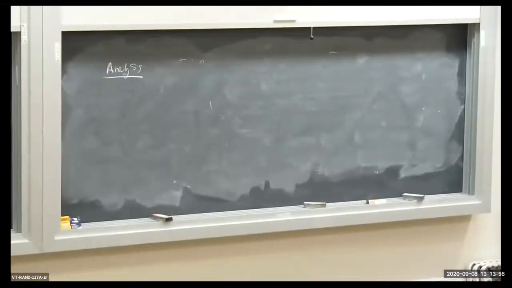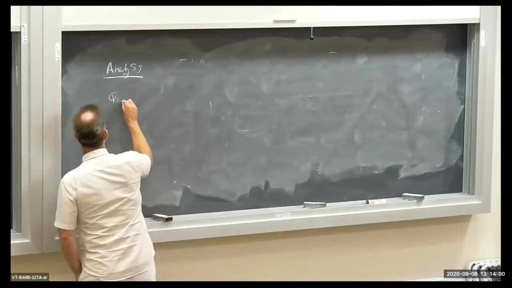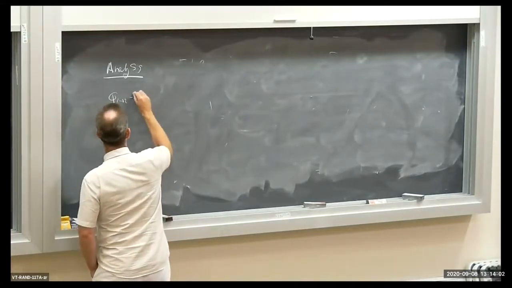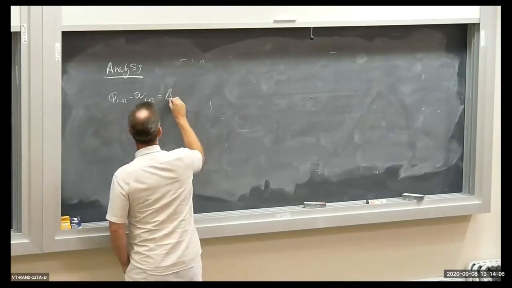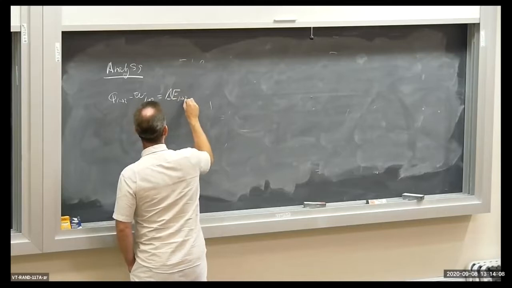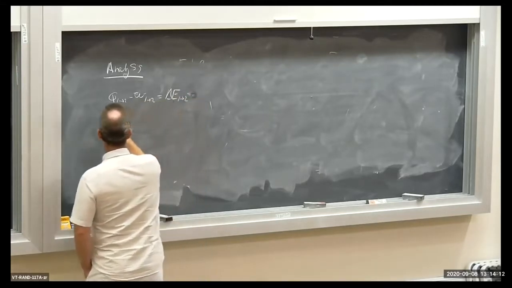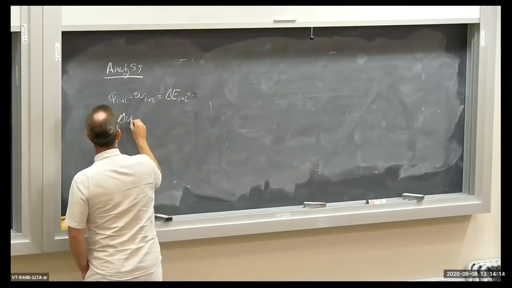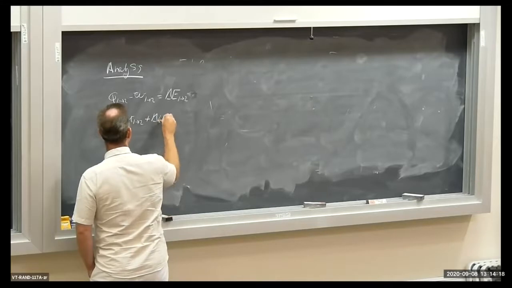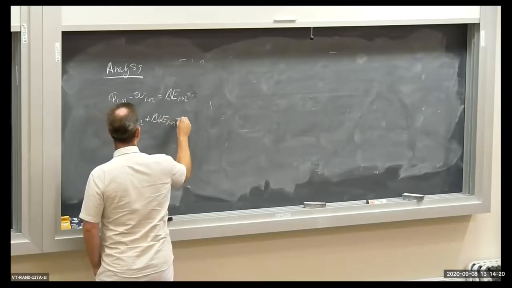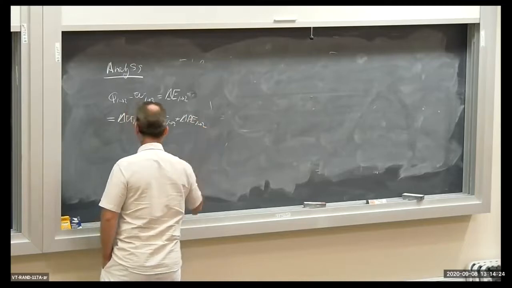So let's apply the energy balance. Q 1 to 2 minus W 1 to 2 is equal to the change in total energy from state 1 to state 2. And that's equal to delta U from 1 to 2 plus delta KE from 1 to 2 plus delta PE from 1 to 2.